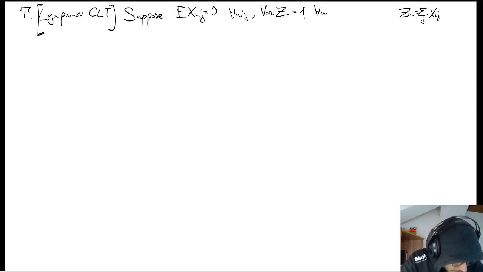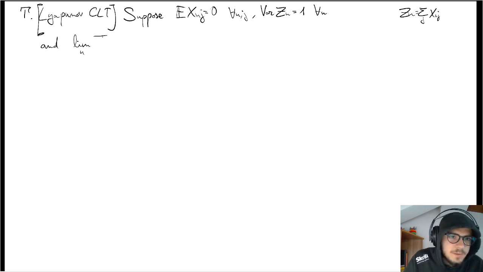And the limit as n grows of the sum over j of the expectation of the cube of X_nj is 0.